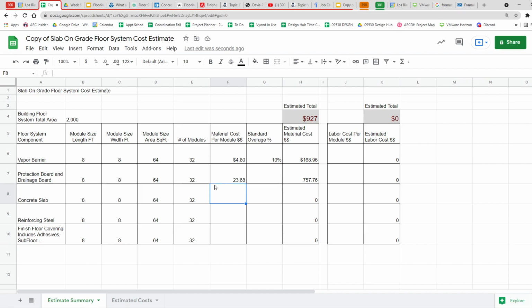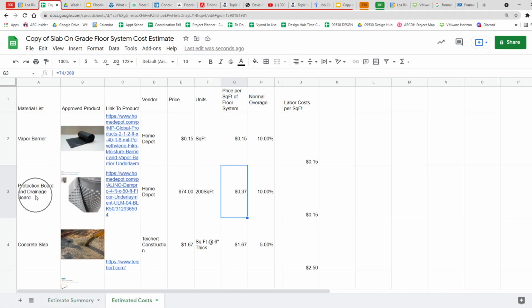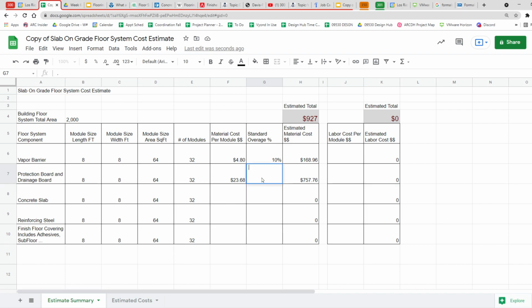Okay, so that's how this keeps going. I can change that to a dollar sign. And I have to go back and look. I'm always going back and forth. Vapor board, 10%. I should order 10% more than I need. 0.1, and change it to a percentage. So that's how you're going to do it. It's just going back and forth and click, click, click. So that's how I do this, and I'm going to end up with a total material cost.